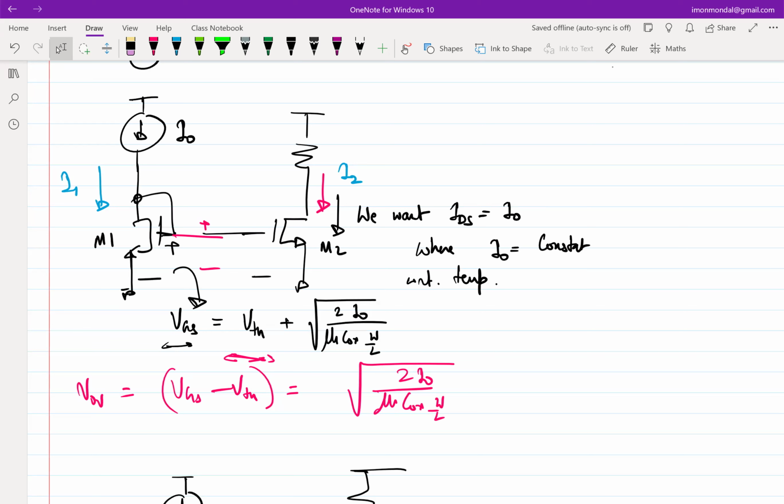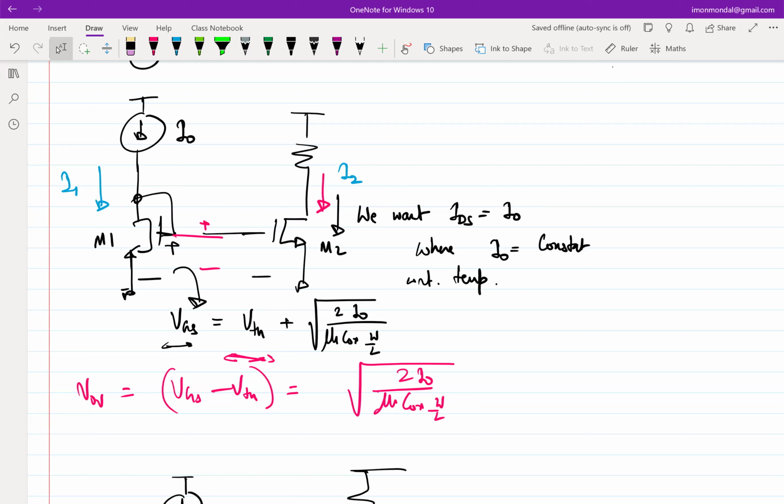Right? So now once we have a trick. Yes, I2 equal to I1 also depends on the resistance value. Okay, how does it depend on the resistance value? To keep it in saturation, because it will be VDD minus ID times R. 100%.